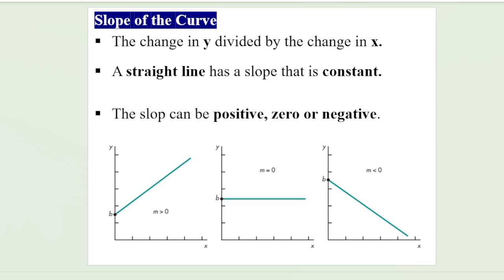Now this slope could be positive if the curve is going up. It could be equal to 0 if the line is going straight horizontally, and if it is going down, the slope is negative, or less than 0. So slope could be greater than 0, equal to 0, or less than 0.